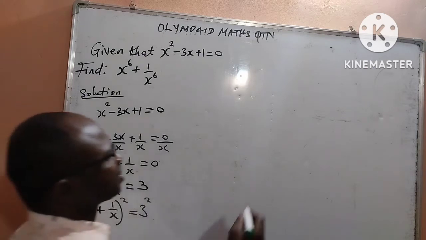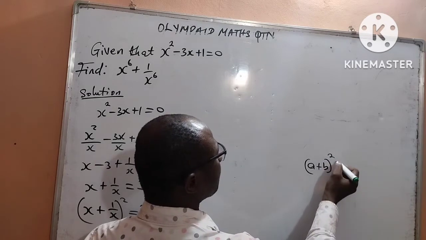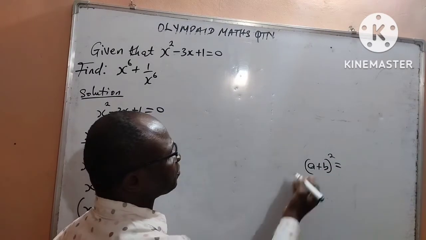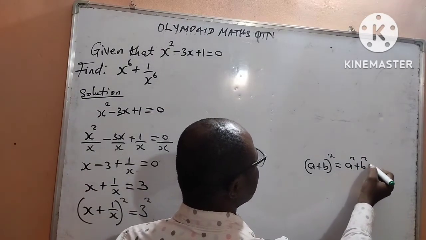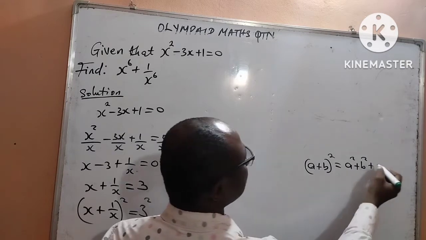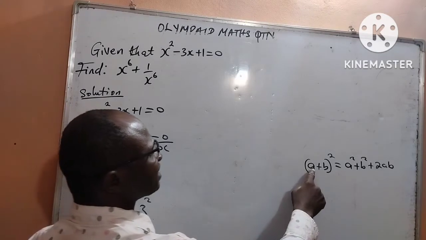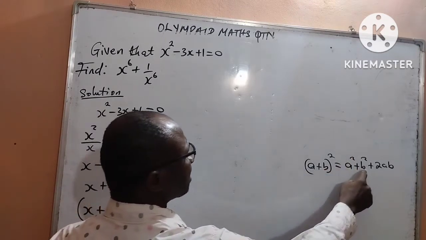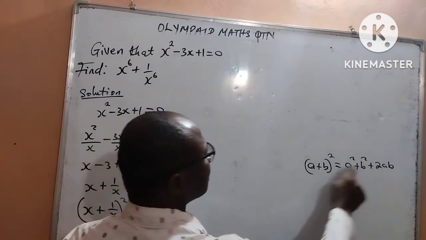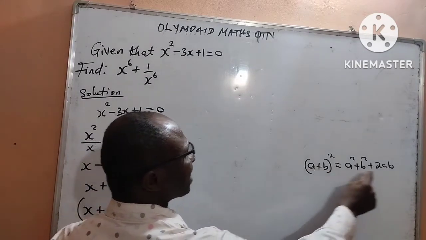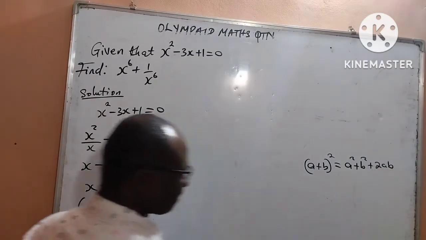And by law of this, a plus b all to the power 2, if I open this bracket, the expression shall be a squared plus b squared then plus 2ab, meaning the first term squared, the second term squared, then multiply the two terms and then multiply it by 2. If I multiply the two terms I get ab, then multiply by 2 I shall have 2ab.